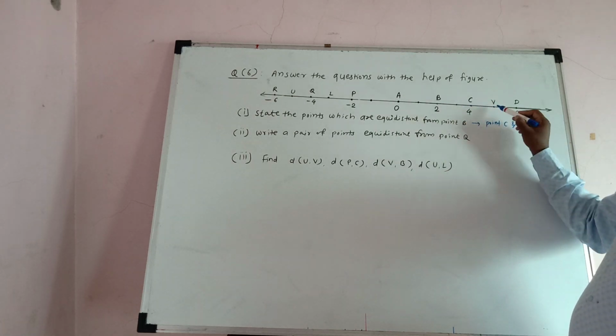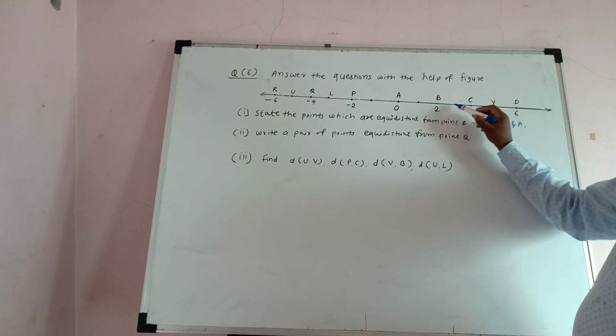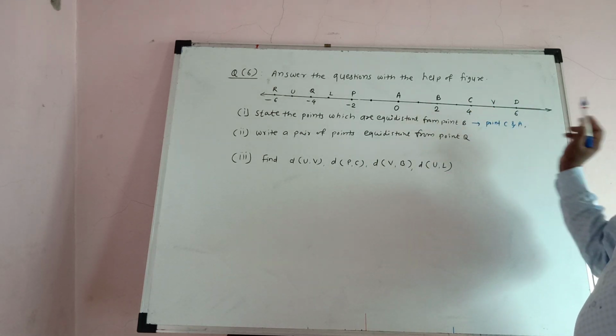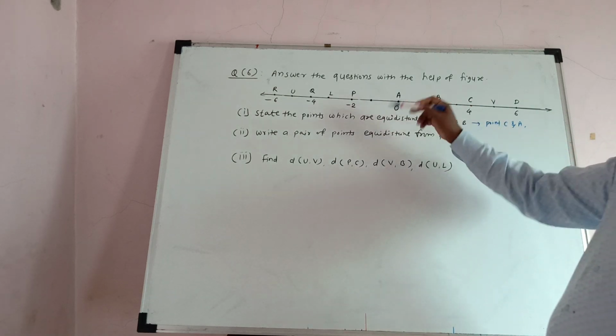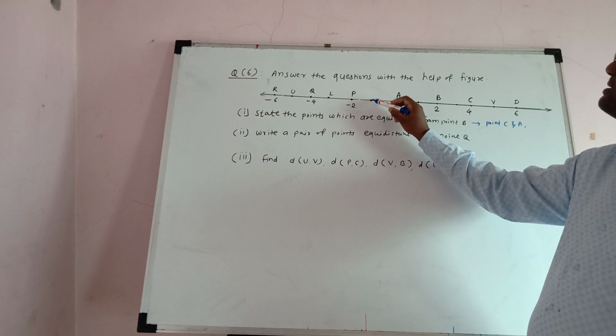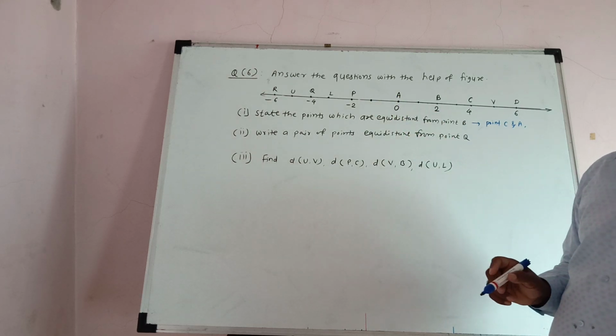Now let us see point B. Point B is at 1, 2, 3, a 3 unit distance toward the right, but on the left side, 1, 2, 3, this point is not indicated by any letter.